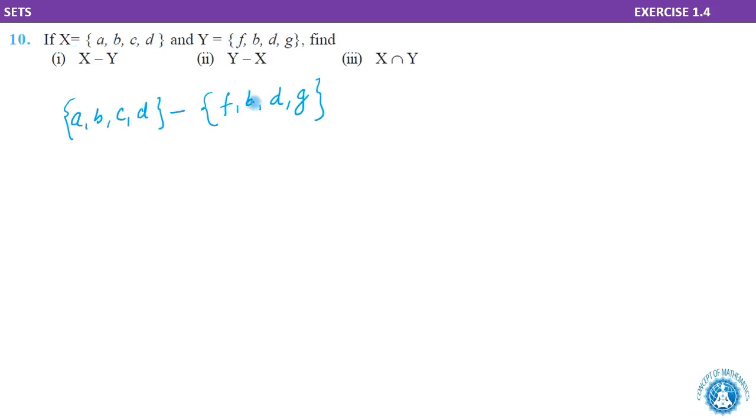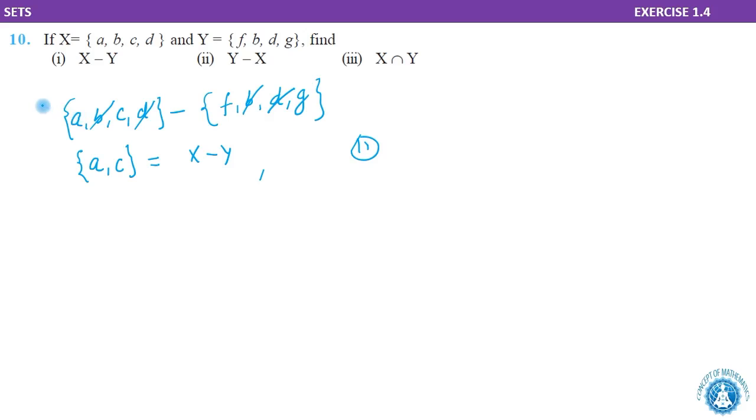Okay, so B is present here, so B will be removed. D is also present in Y, so it will be removed. F and G not here, so the remaining element will represent X minus Y, right?